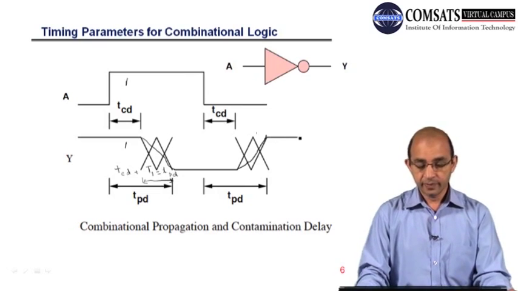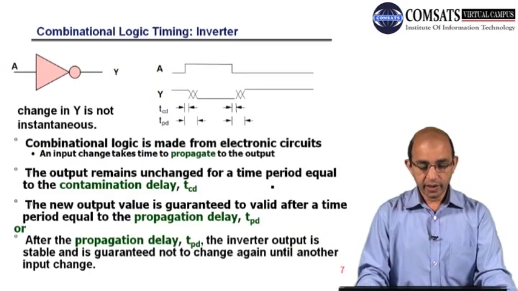Here we can see 0, it should be 1, and it becomes 1 after TPD, the propagation delay. Again this is more explanation regarding the inverter.